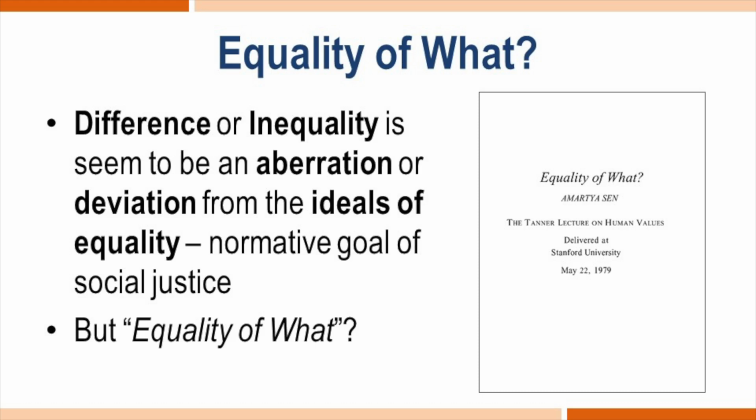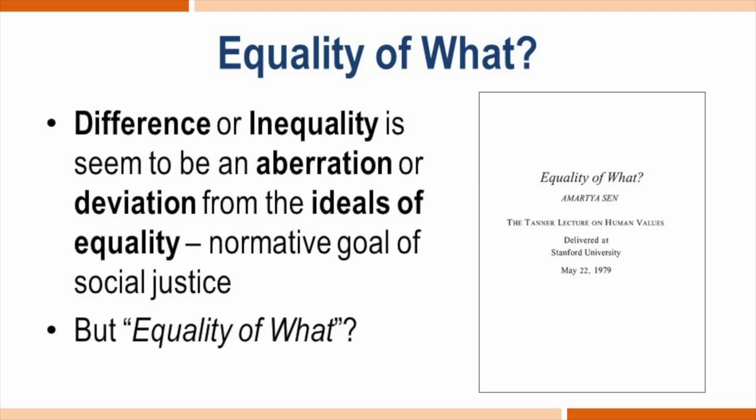And this was a lecture Professor Sen delivered at Stanford University way back in 1979. So the title itself is very provocative and illustrative. So he talks about equality of what? What is it that we should be concerned about when we try to address the larger question of social justice and fairness in terms of providing equality or bringing in equality?